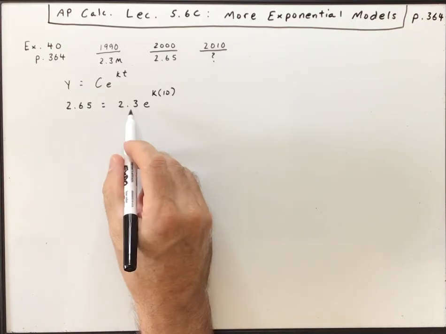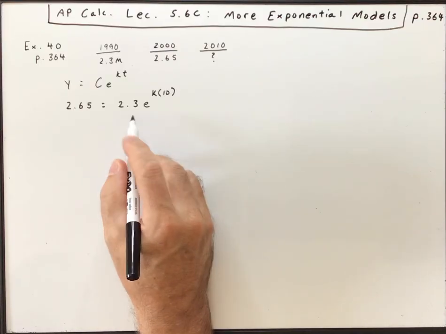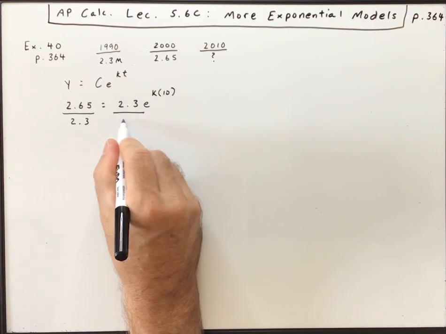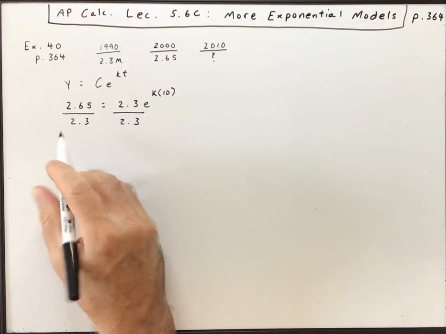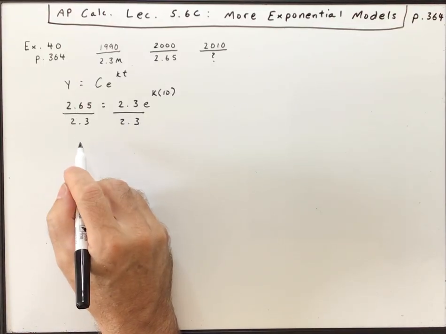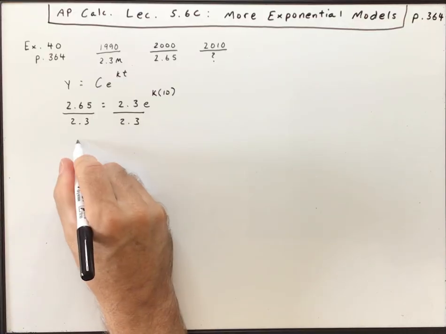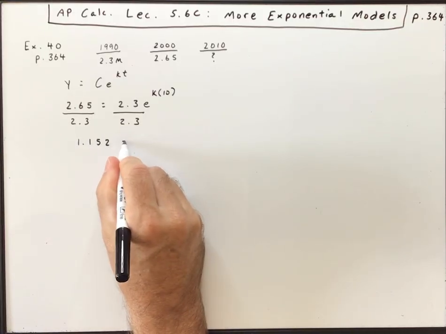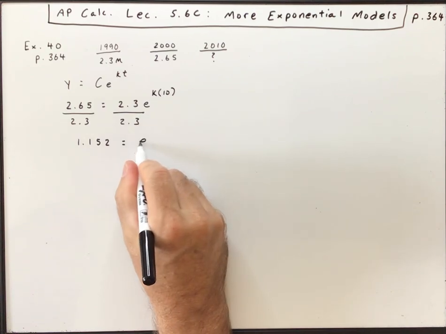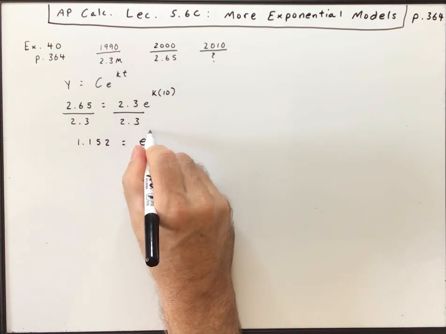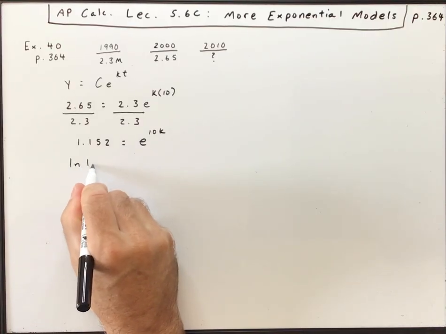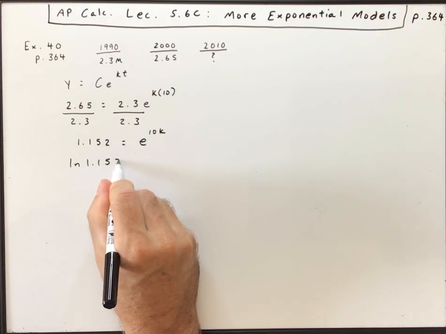So we'll divide both sides by 2.3, and that gives me 1.152 is equal to e to the 10k. We'll reverse this and take the natural log of both sides.